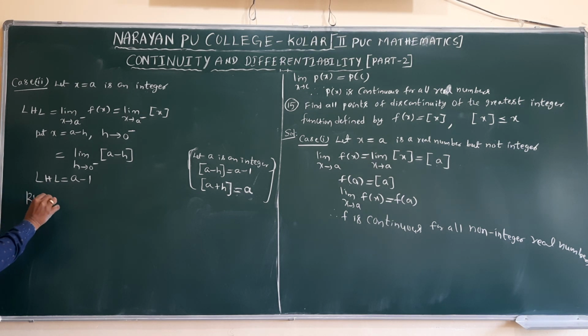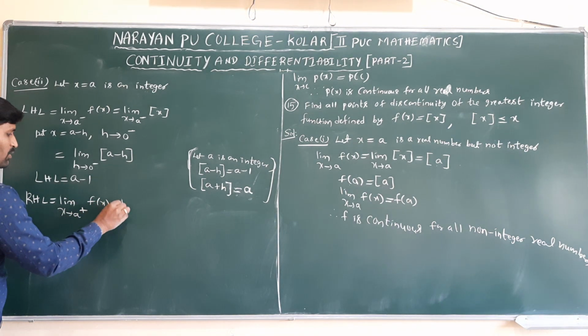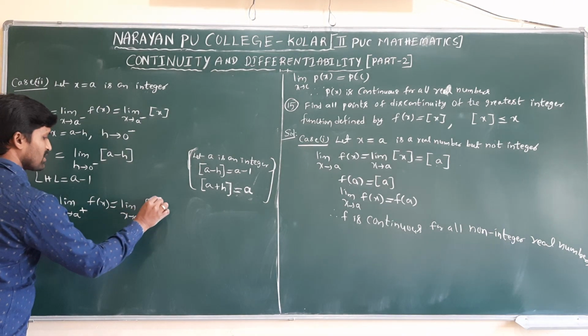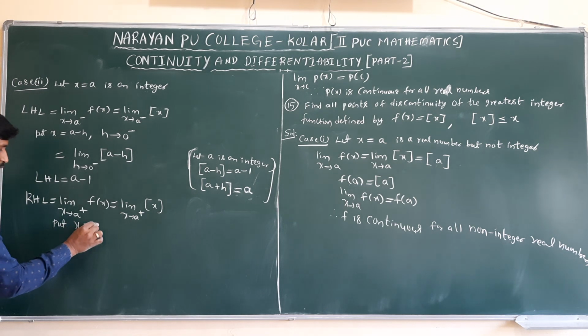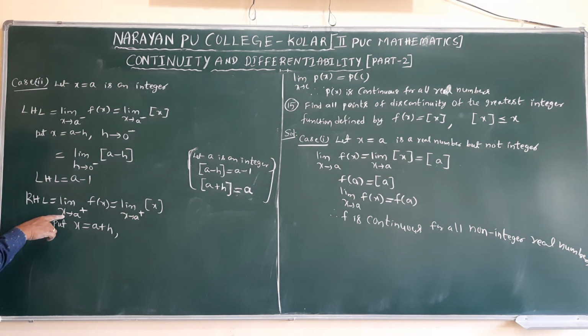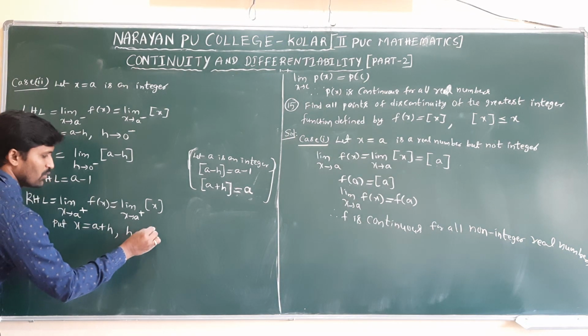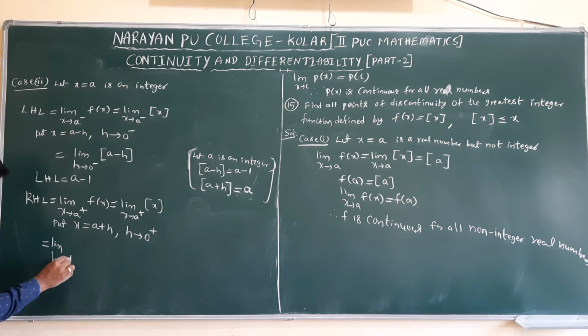Coming to RHL. For RHL, what will you do? More than a. Limit x tends to a plus of f of x equals limit x tends to a plus of step of x. For RHL, we need to put x equal to a plus h. The x value, what is there? A cancels, h tends to 0. Why am I taking plus? For the RHL symbol. Now changing the limit, h tends to 0 plus.